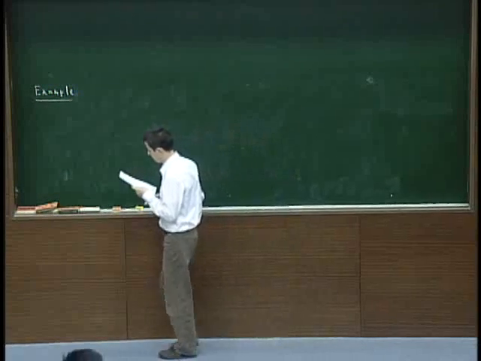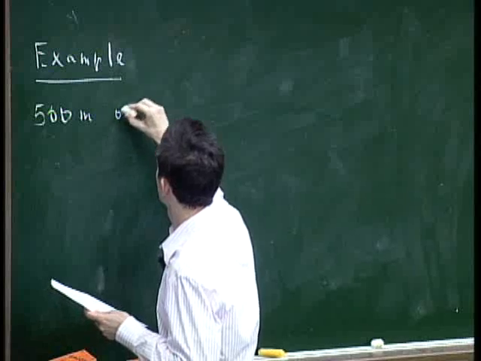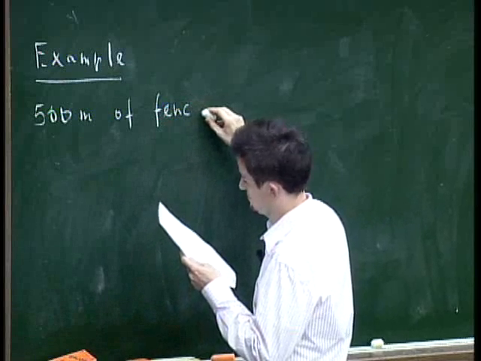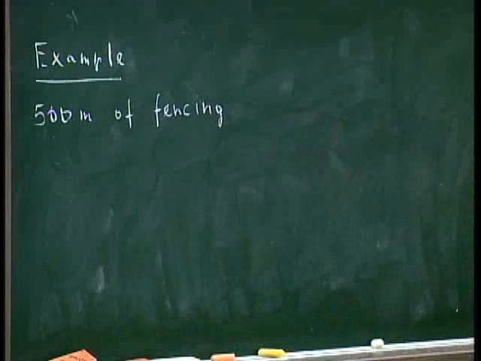Assume we have 500 meter of fencing. What we want to do is we want to enclose a field against the barn.